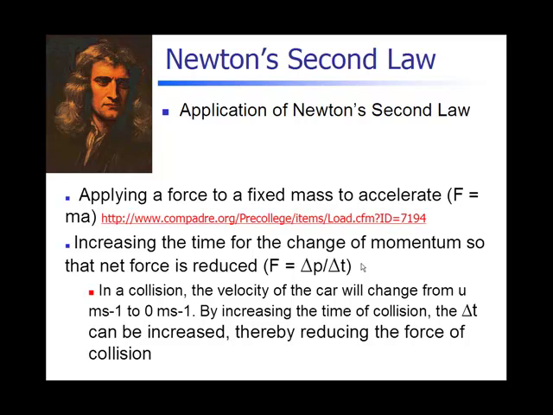If the time of collision is very short, the force, which is the change of momentum divided by the time, will be large. But if you increase the time of the collision by creating a buffer zone in front of the car, the car changes from u meters per second to 0 over a longer period of time. By increasing the time, the force will be reduced. So these are some of the ways that we can apply Newton's second law to achieve some benefits.